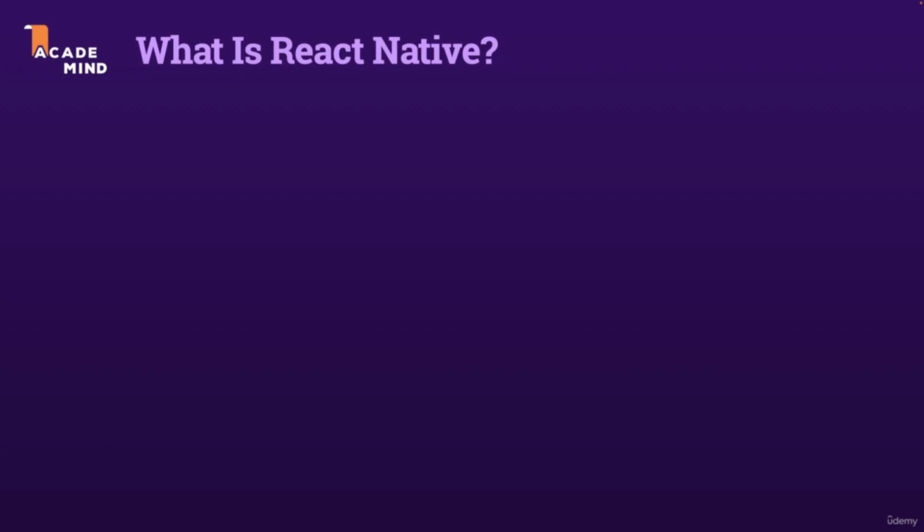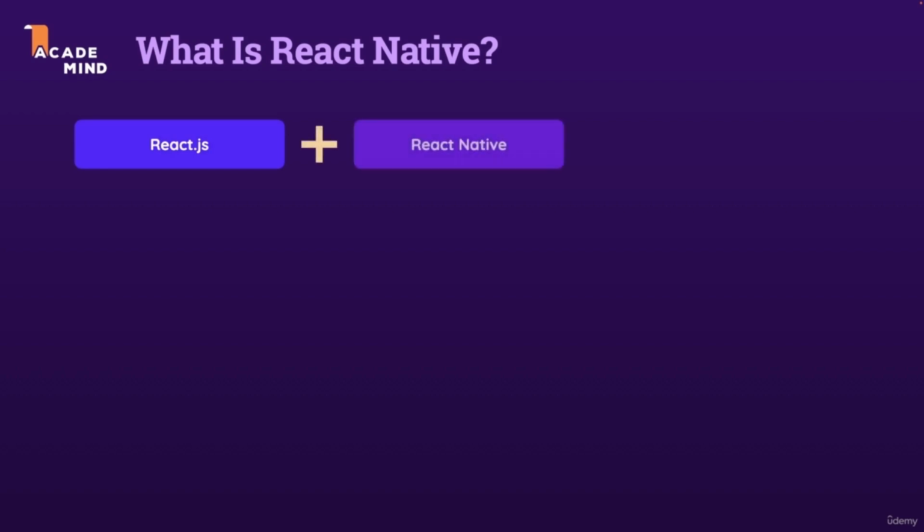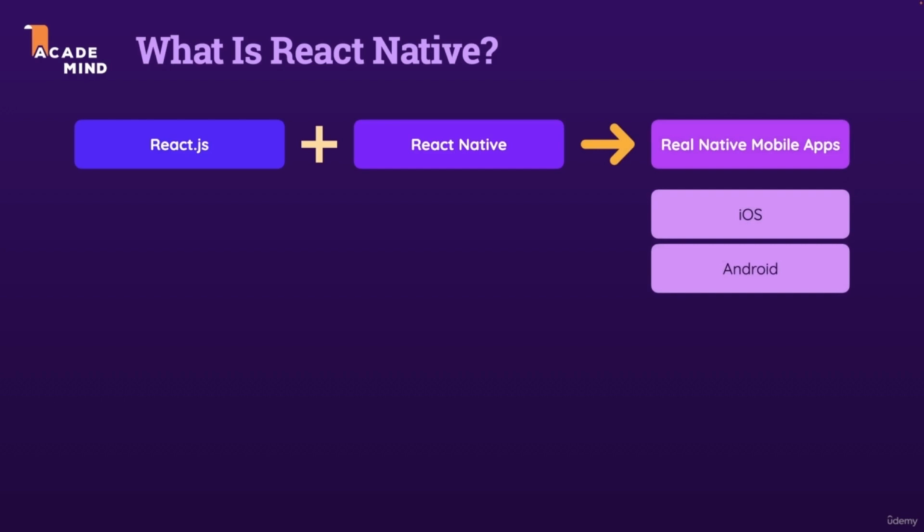So, what exactly is React Native? Well, as the name implies, it is related to React.js. And with React.js and React Native, you can build real React Native-based mobile apps for iOS and Android, which are real apps you can distribute through the app stores and apps that can be used by any user with an iOS or Android device.